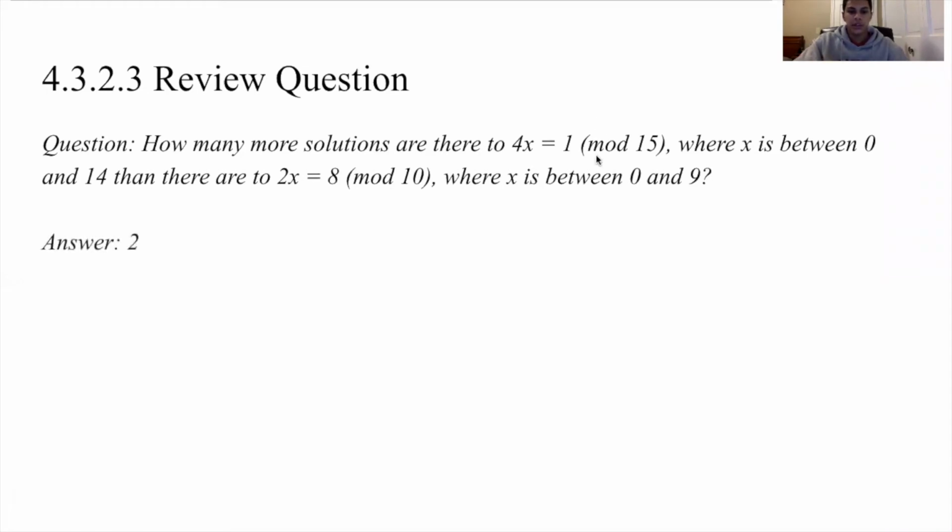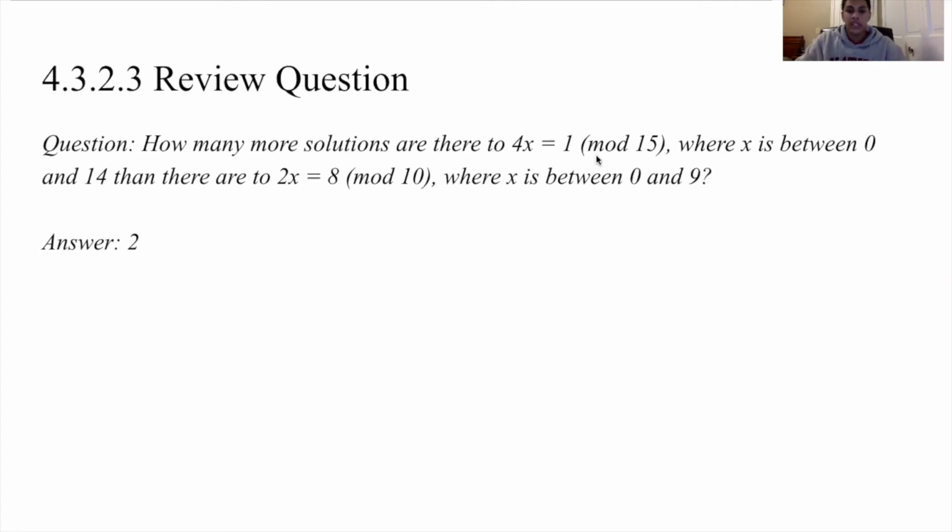So let's read the question. It says, how many more solutions are there to 4x equals 1 in mod 15, where x is between 0 and 14, than there are to 2x equals 8 in mod 10, where x is between 0 and 9?